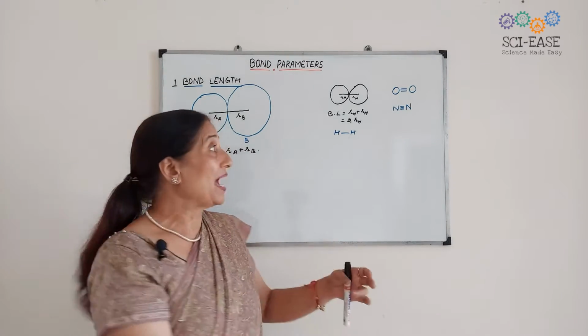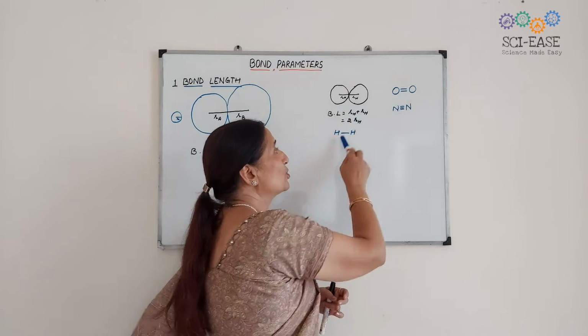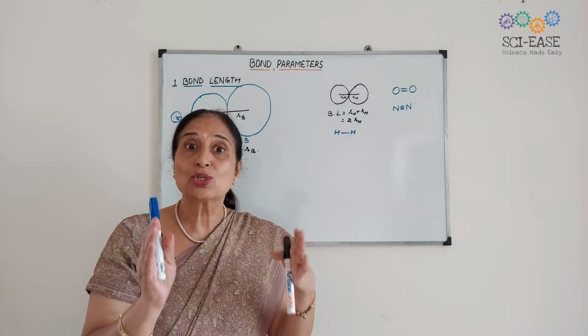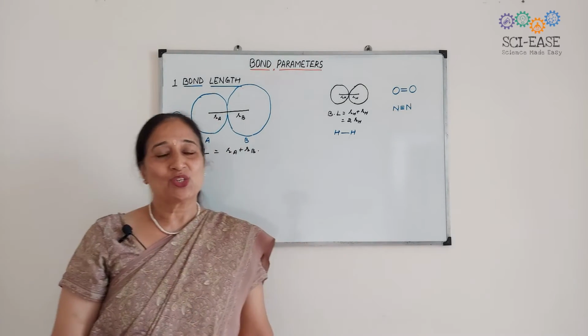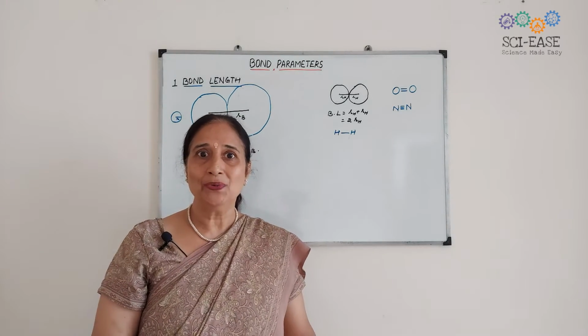This means that this bond is stronger than these two bonds, because the atoms are close to each other. So I think the bond length parameter is clear to you.